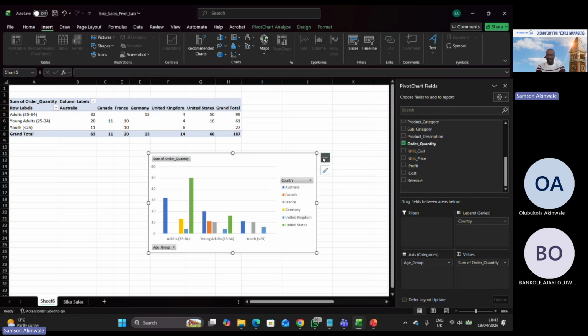Then the second one gives you more in-depth adjustments on the chart itself. Then the third one is always a filtering tool. But for pivot table, the chart does not contain that. I will show you in another chart I will bring up on another data set, not necessarily from pivot table.